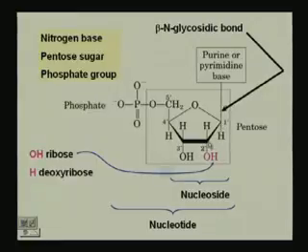At the 2' position, you have either OH or you have H, being either a ribose sugar or a deoxyribose sugar. Then you have the phosphate attached to the 5', where you have either just 1 phosphate or you can have 3 phosphates, as we looked at the structure of ATP. So, when we have the OH, we have the ribose.